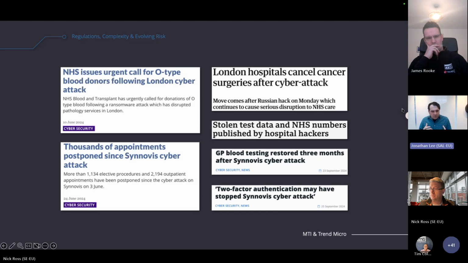But this real world impact meant that there were things like calls for O-type blood donations, loads of appointments were cancelled, data was stolen and exfiltrated. And what this really meant, though, was that when things go wrong, it has a real physical impact on patients.